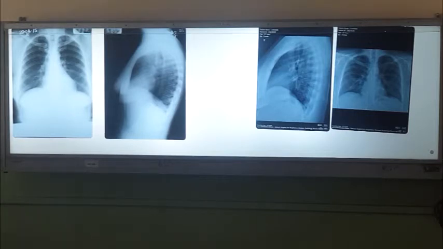Then these chest X-rays are done during deep inspiration. If the patient has not taken a deep inspiration, you should be able to count more than 5 ribs anteriorly in this position, right? 1, 2, 3, 4, 5, 6. He is touching here, so he has taken a deep breath, right? Supposing this diaphragm is somewhere here at the level of the fourth rib anteriorly, then everything will be crowded like this.